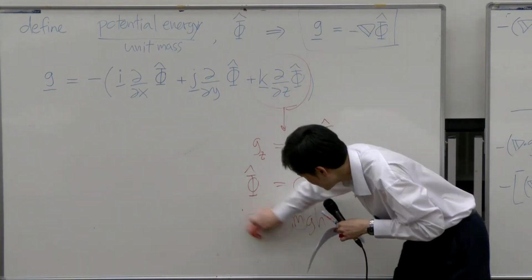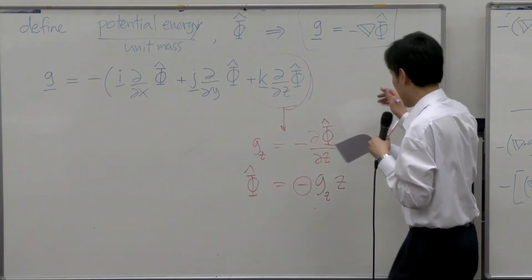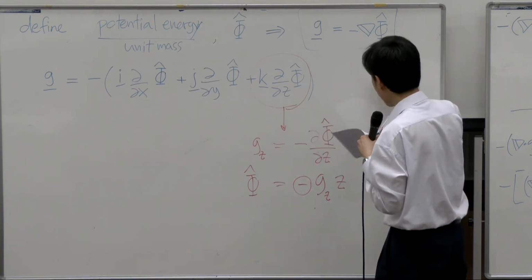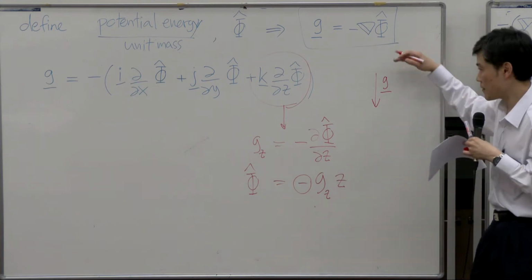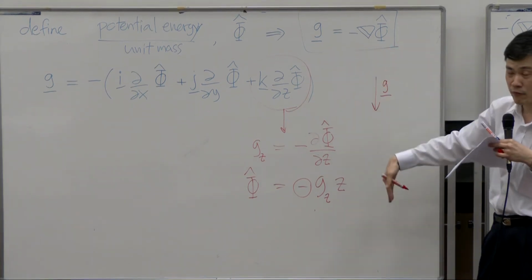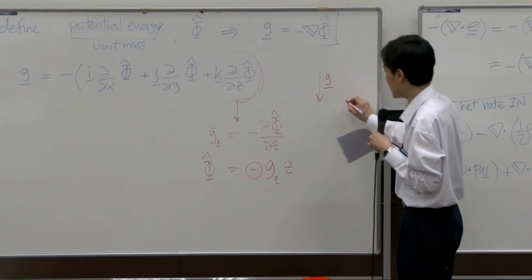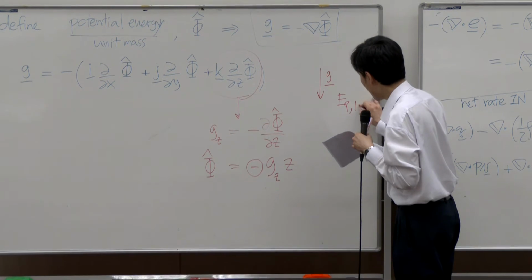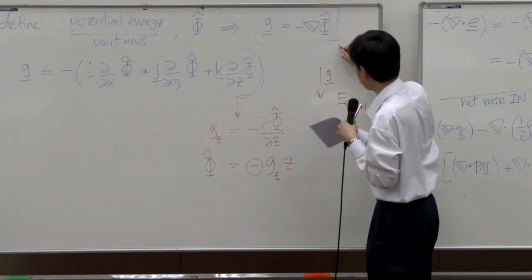Okay? The negative sign was placed in here because imagine this. When you have gravity going down, let's say this is the Earth, gravity is going in the downward direction. At the floor, potential energy is low. Down here, I have low potential energy. Up here, potential energy is high.